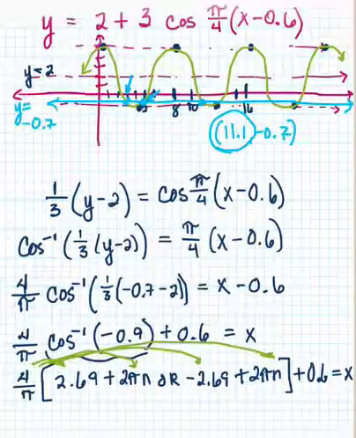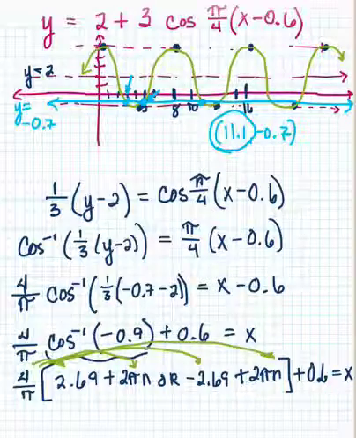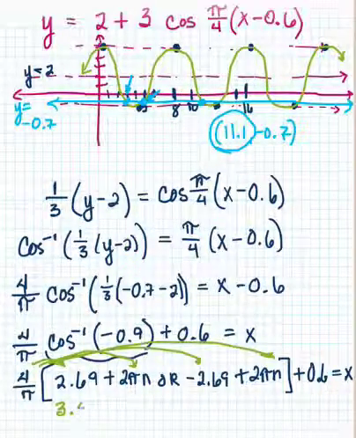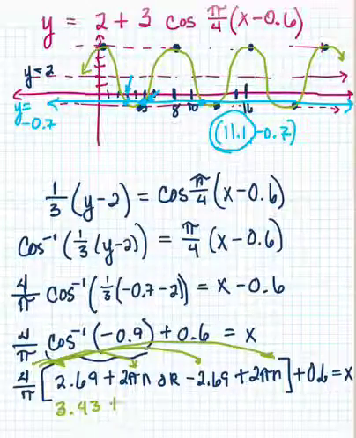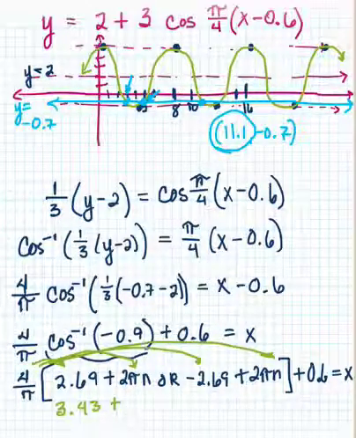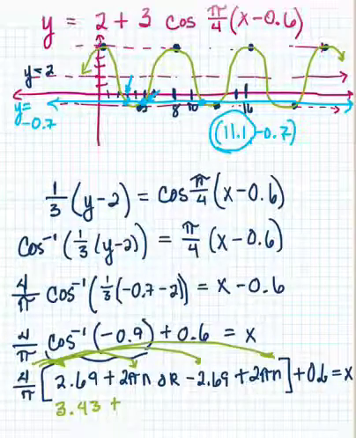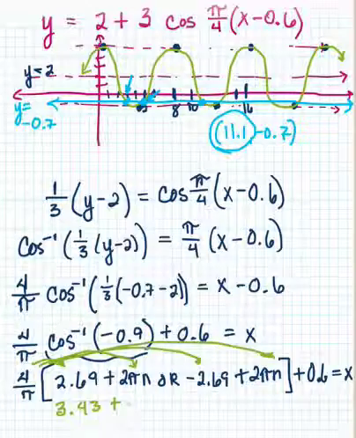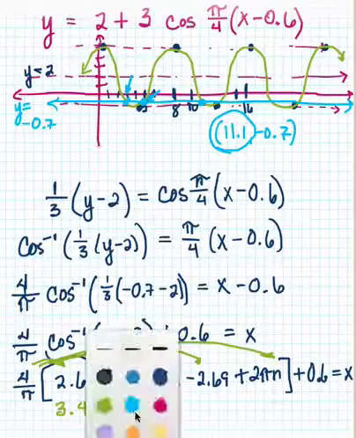And I get 3.43. Let's go with that. So I get 3.43 plus, now notice the pi's cancel out. When I distribute the 4 over pi to the 2 pi n, the pi's cancel, so I'm left with 8n.